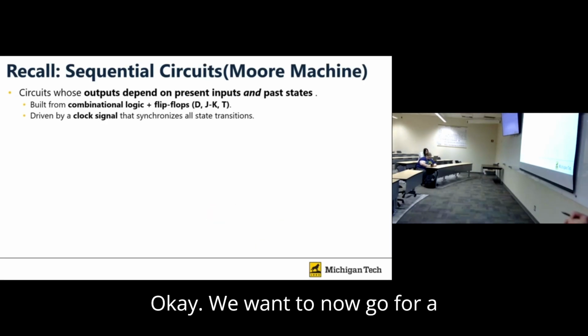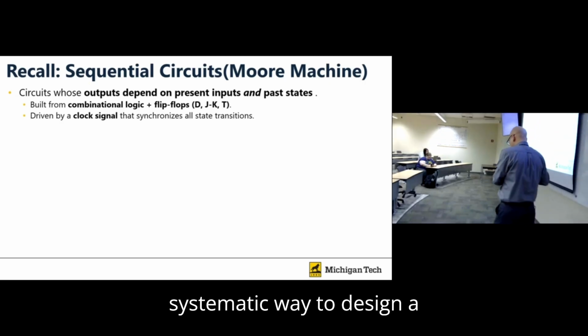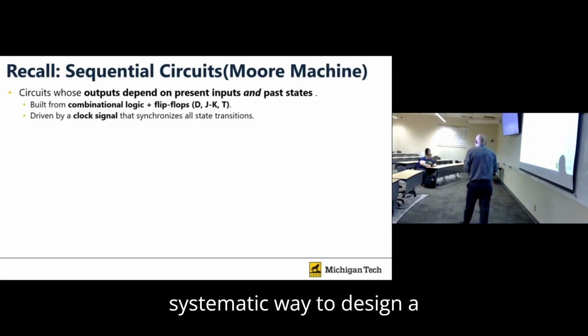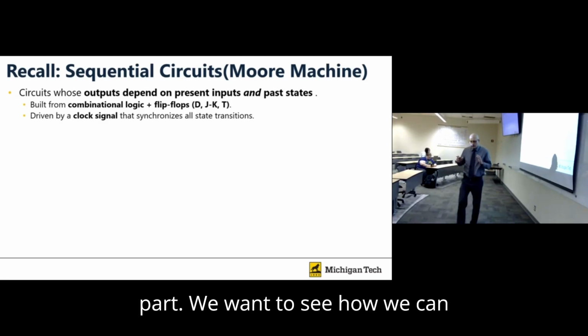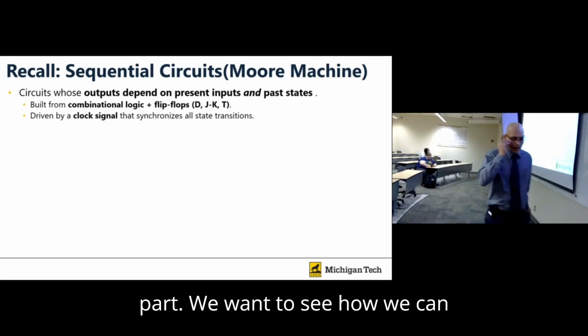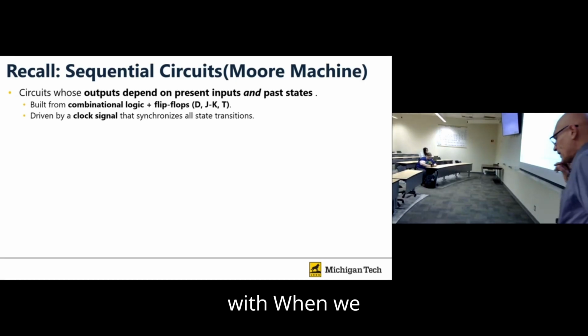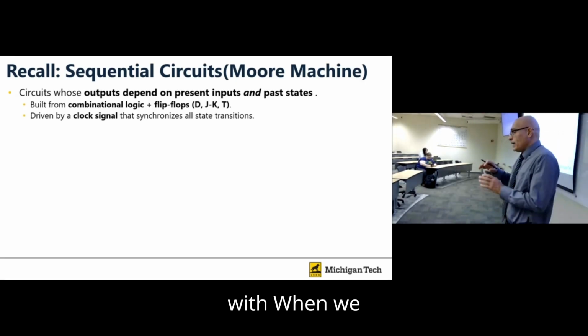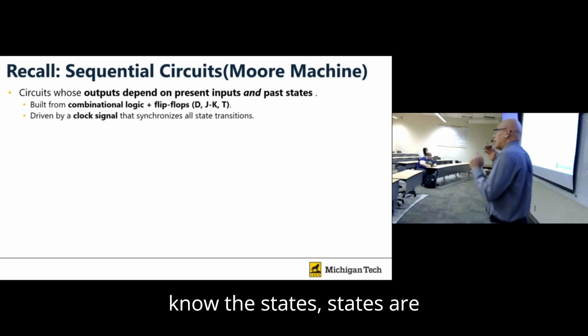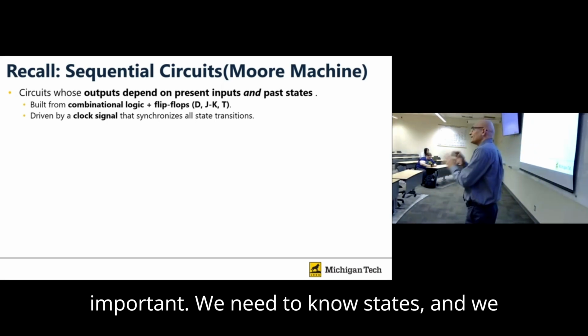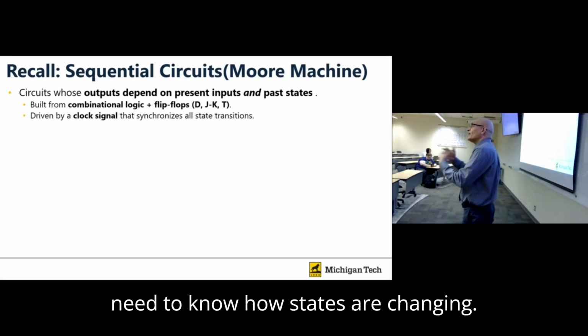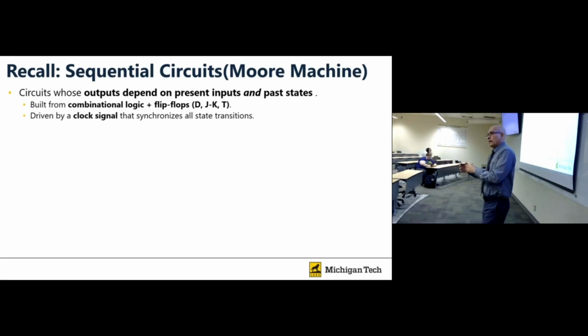Okay, we now want to go for a systematic way to design a sequential circuit. That's the important part. We want to see how we can design a circuit when we know the states. States are important. We need to know the states, and we need to know how a state changes.